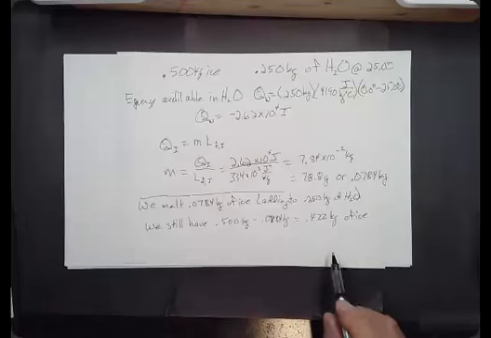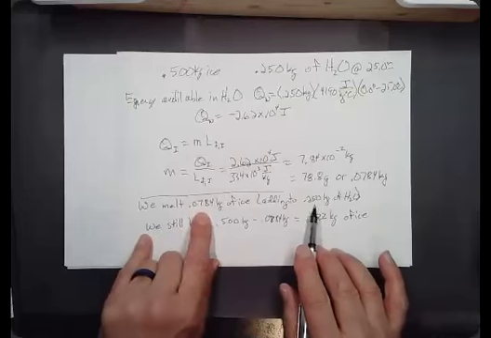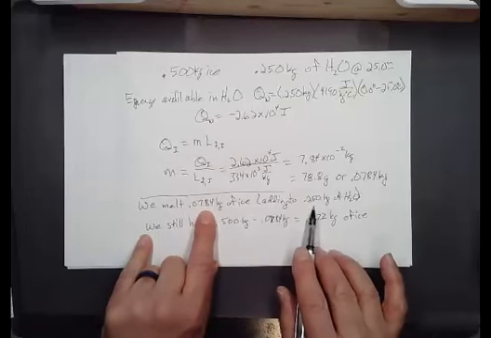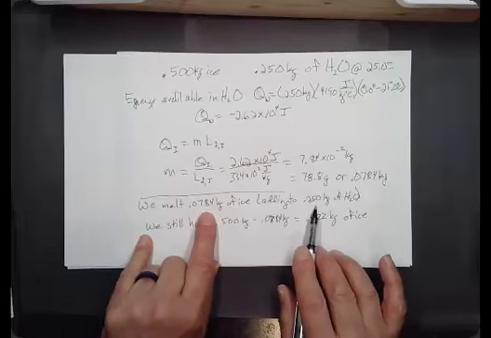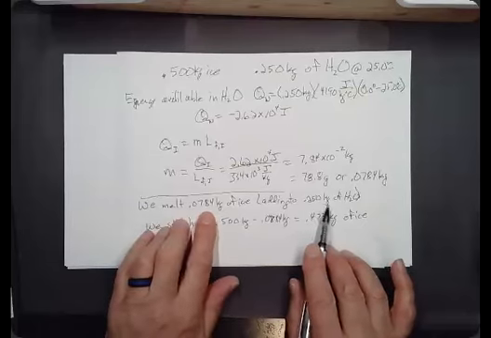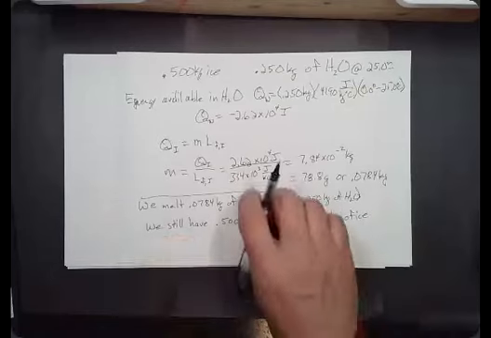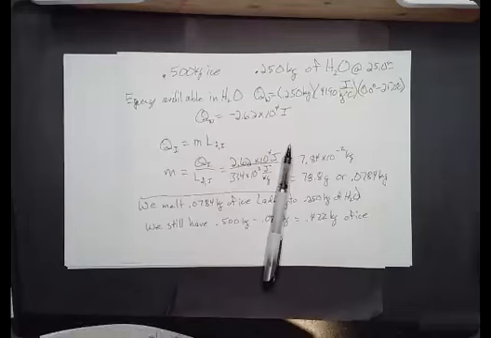We'll have that much ice sitting in 0.250 plus 0.0784, which I think is like 0.328, if I did that in my head right, kilograms of water. So you can do all kinds of stuff with these. Okay, a couple of other problems.